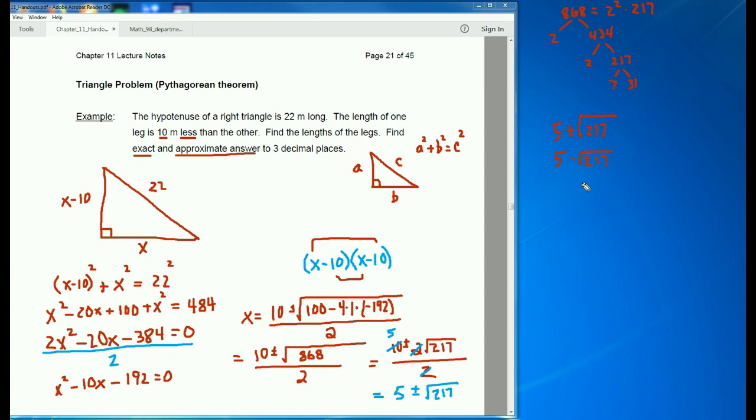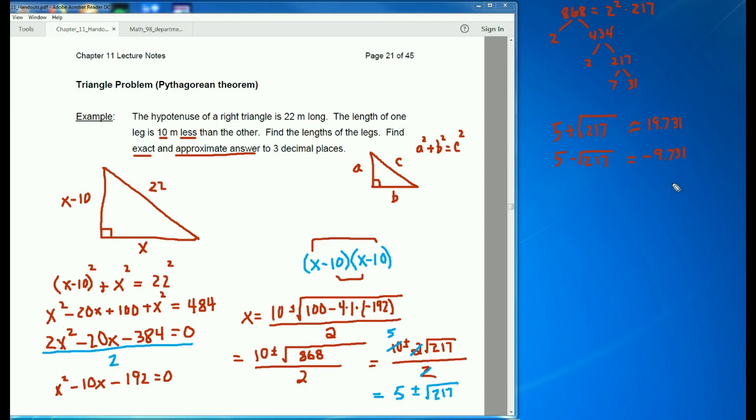So just compute these on your calculator. Just do 5 plus the square root of 217, and you'll find that that is about 19.731. I think it says to 3 decimal places, yeah. And then if you do 5 minus the square root of 217, you should find that that is about negative 9.731.